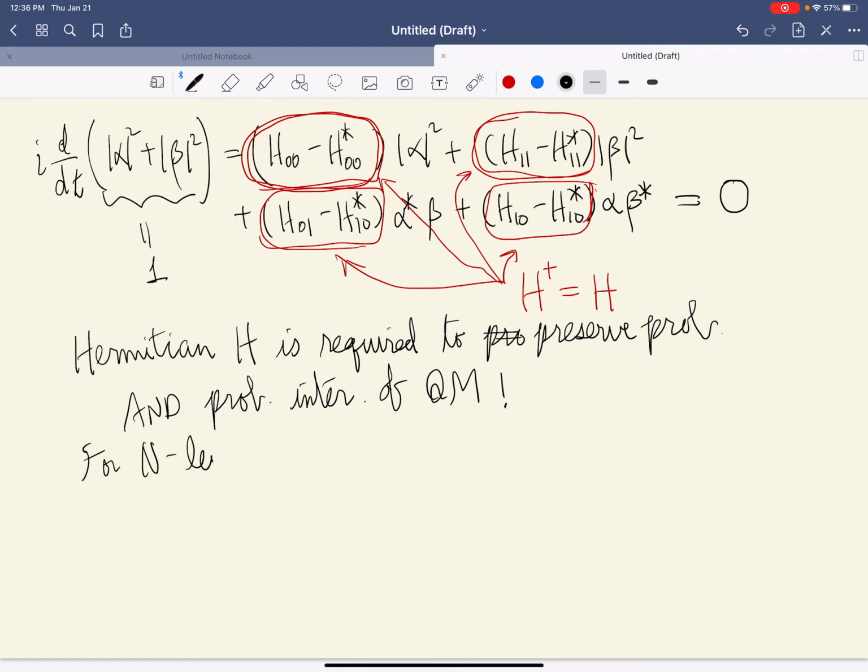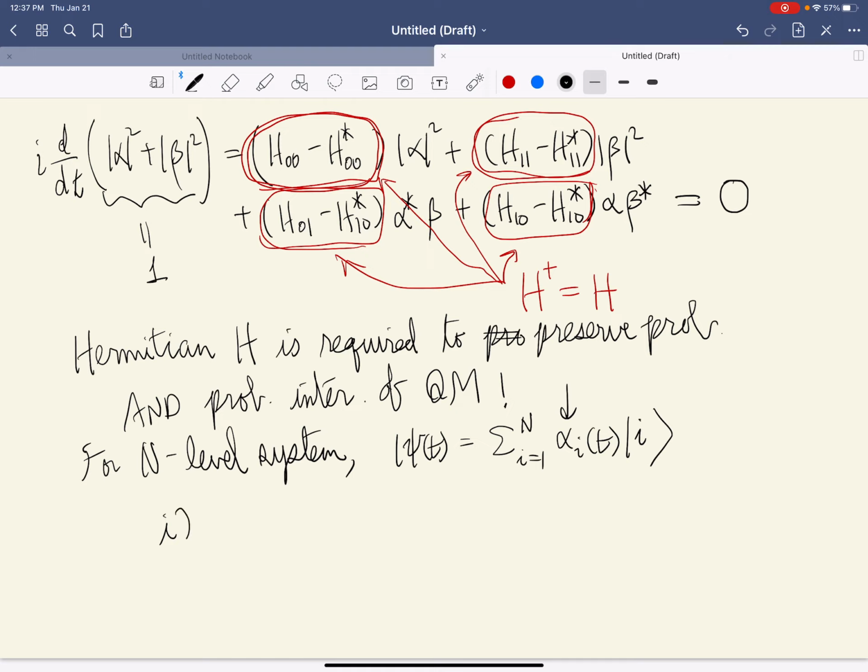For an n-level system, the wave function is a superposition of n different bases. Let me call it this way. And each one of these coefficients will satisfy the Schrödinger equation: H_ij alpha_j, and there's a summation over j from 1 to n.